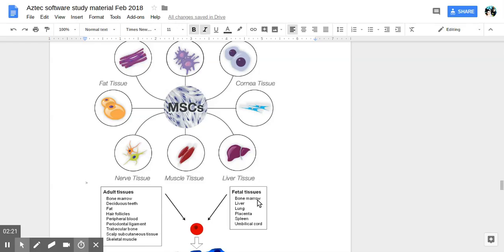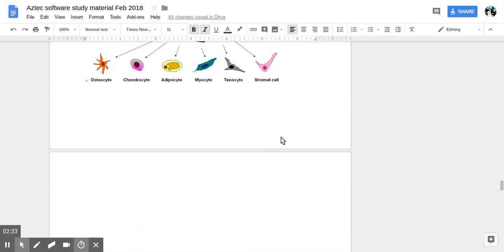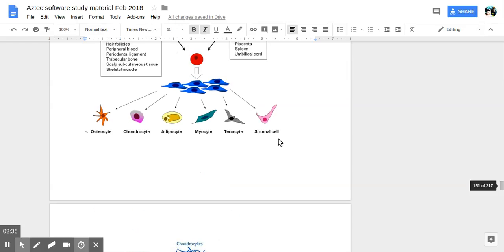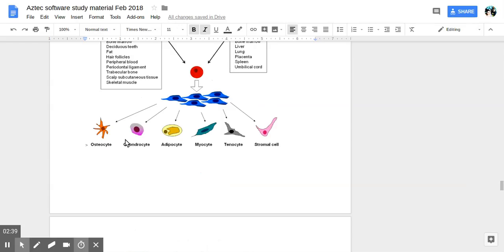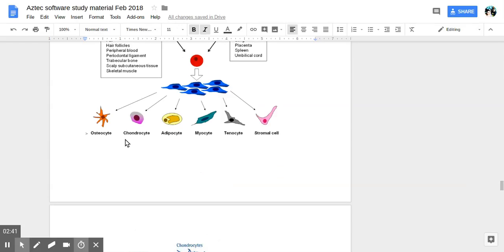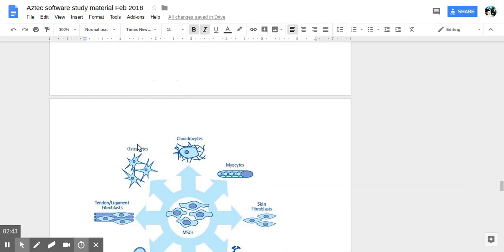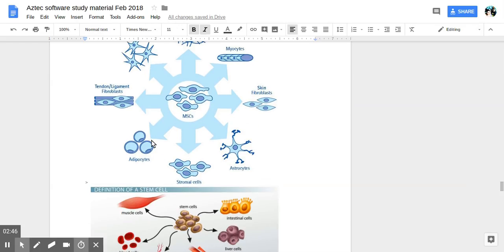And in fetal tissue, it is part of the bone marrow, the liver, lung, placenta, spleen, and umbilical cord. What they give rise to: osteocytes, chondrocytes, adipocytes, myocytes, tenocytes, stromal cells. Those are names of different types of cells.